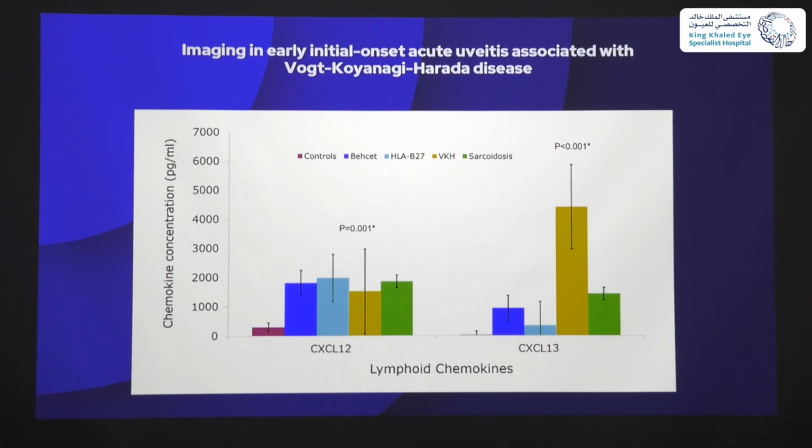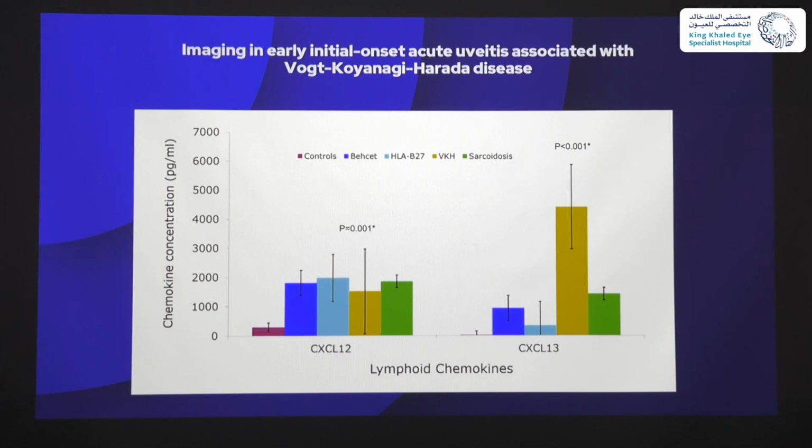These diseases were known for years to be mediated by T cells, but now B cells are very important in their pathogenesis. It means that B cell depleting therapy with drugs like rituximab, which is anti-CD20, will be effective in this particular disease.